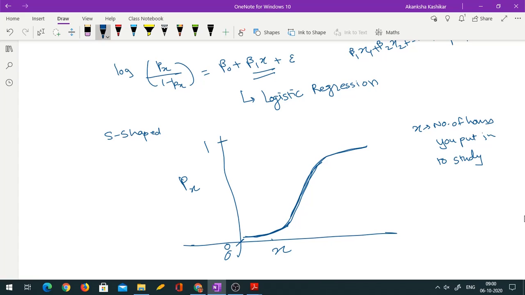You do need consistent efforts to increase your chances of passing. After that, once you have put in enough effort, it kind of becomes easy. A very small increase in effort can actually result in a significant increase in the passing probability.